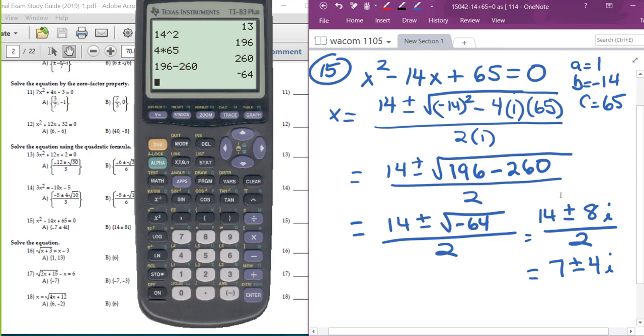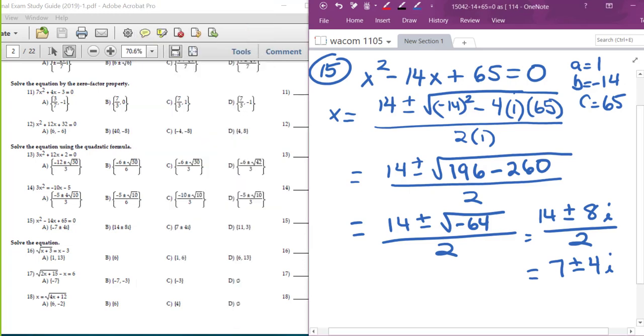So 7 plus 4i. And this was 15. So should be choice C. And 15. Good. All right.